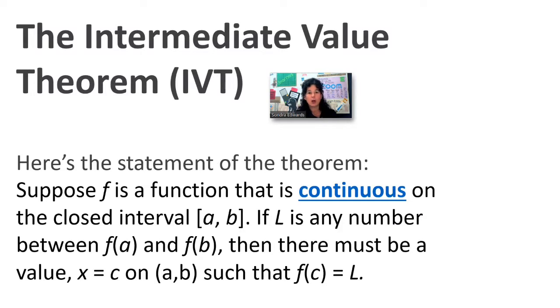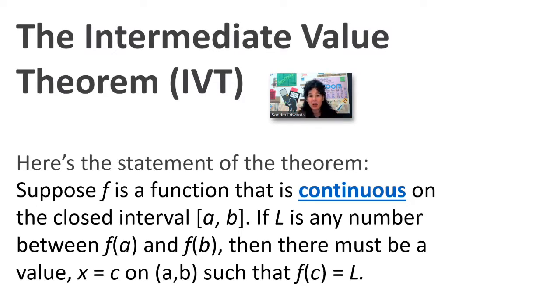All right, so suppose that f is a function that is continuous. That part is saying that the prerequisite to be able to use this theorem is that your original function is continuous, specifically on a closed interval a to b. So a and b are x values. And so if I go on the x-axis to the a and the b, we're only looking at the function between those two.